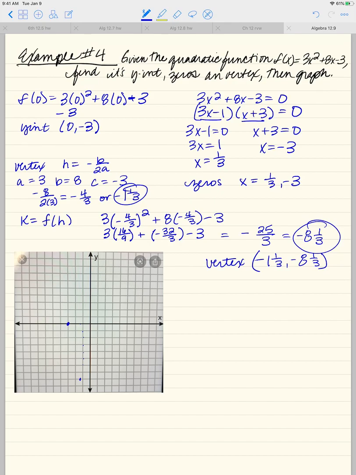Sorry, trying to find the other one. And (1/3, 0). So now I can go ahead and plot there. I'm drawing my parabola right there. And you're done.